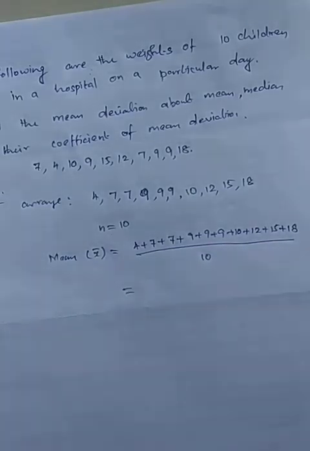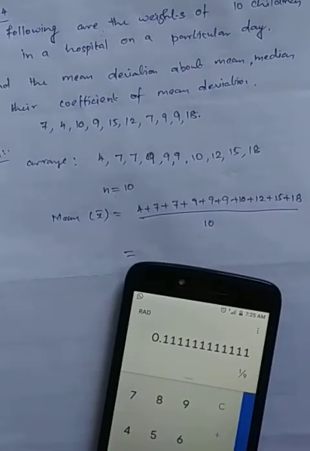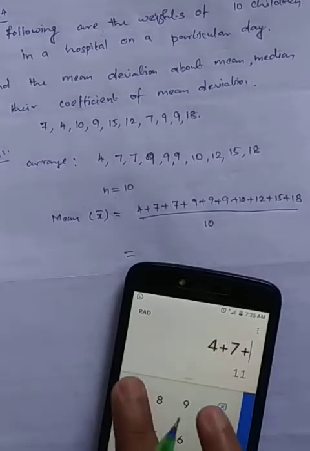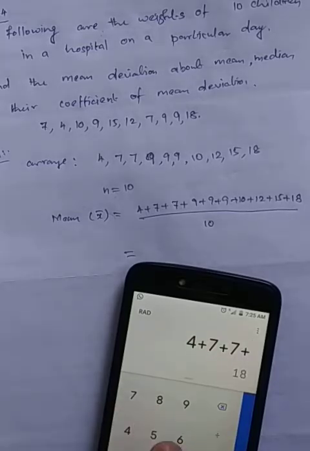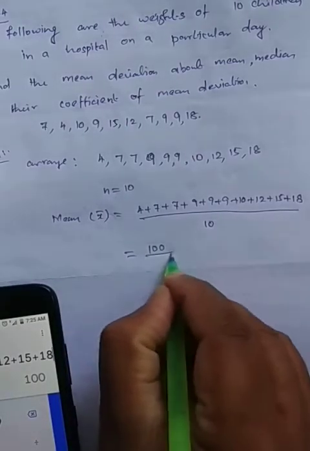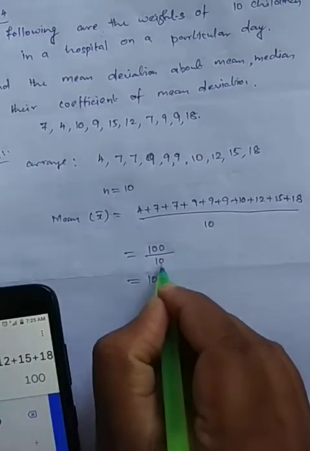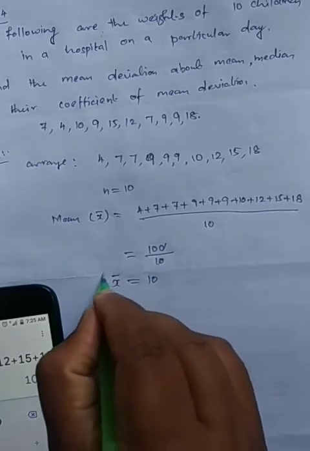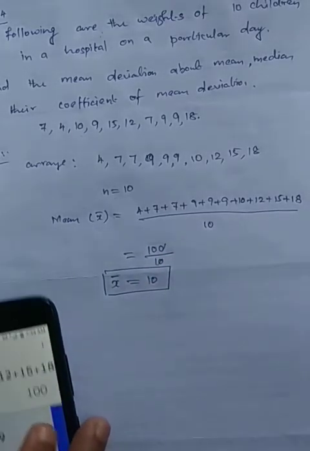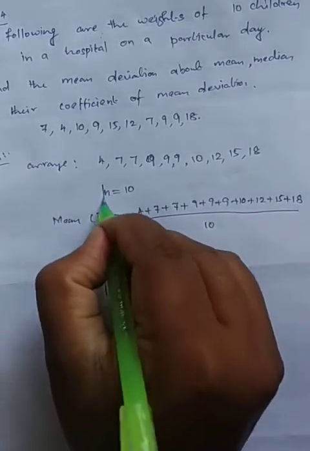I am using a calculator. Adding it up, 100 is coming. So 100 divided by 10, 10 will come. So the mean value x bar we are getting is 10.